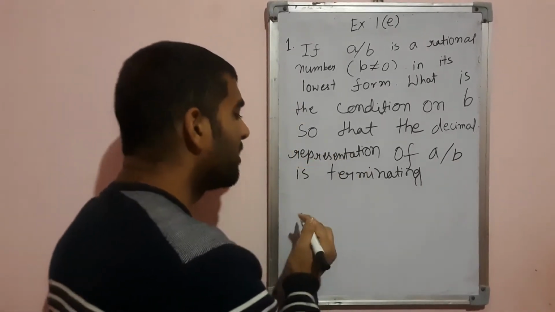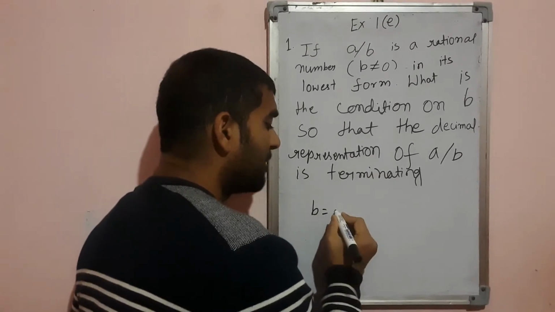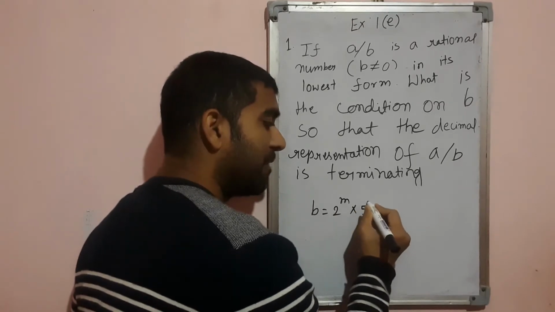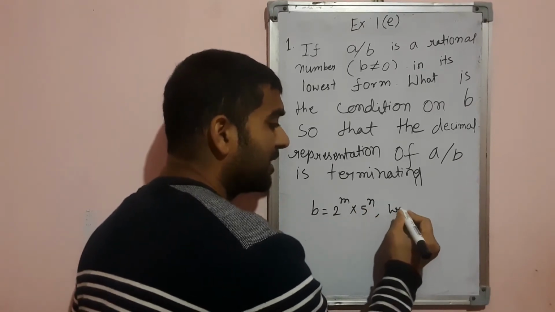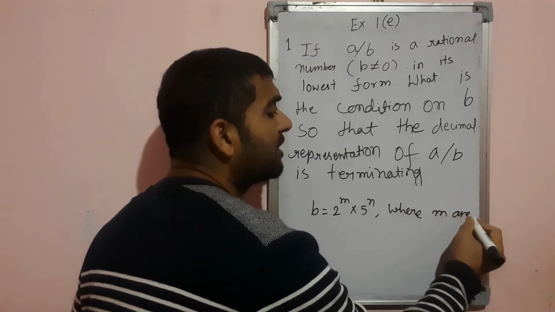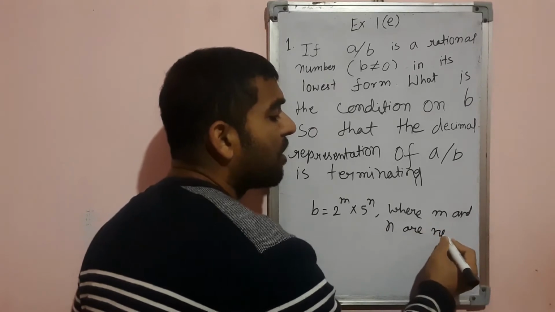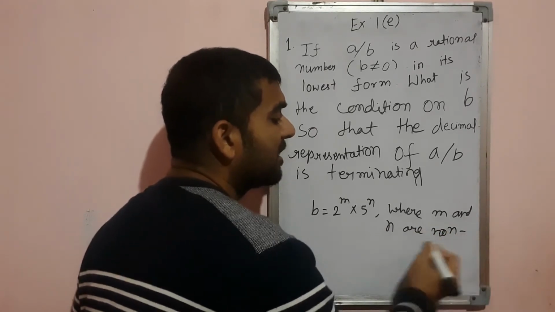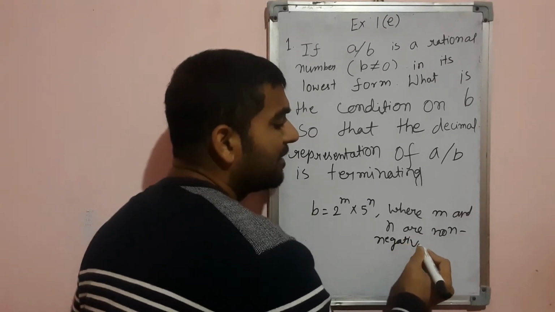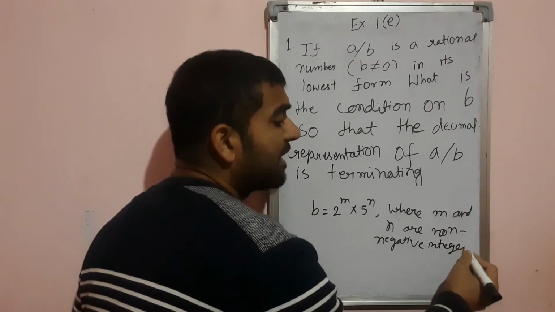What you write as the condition of b is that b equals 2 power m into 5 power n, where m and n are non-negative integers. Try to understand the meaning of this non-negative.